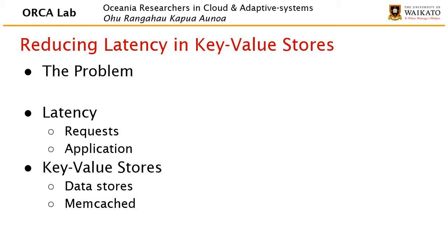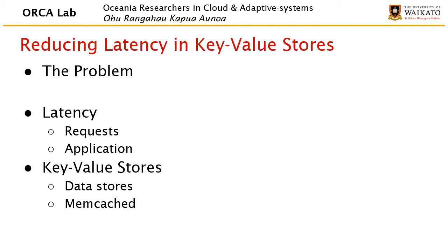So the latency is described by the duration from when a request is made from the application or the client side through to the server and then back, when the response is received. Now, the key value store is a data store, and this is where data is stored, and what we're going to be referencing is a service called memcached.